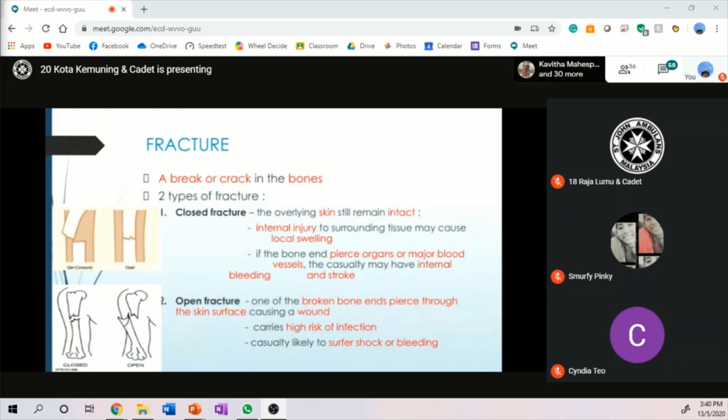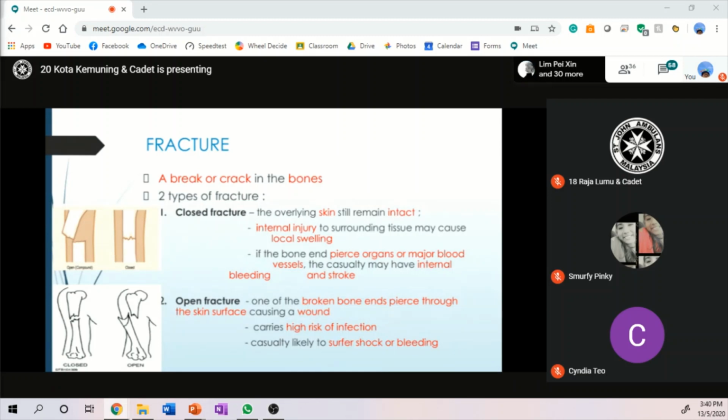So, closed fracture. There are two types of fracture: closed fracture and open fracture. A closed fracture is when your bone is already broken, but the bone still remains inside, under the skin. It means you still cannot see the bone coming out.